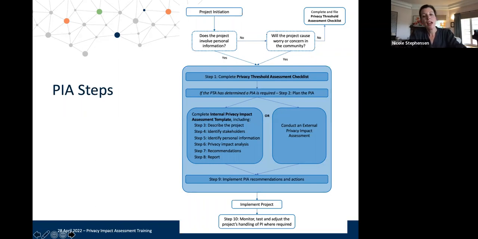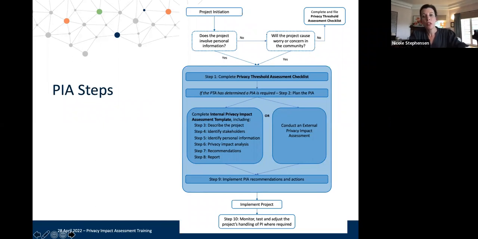And the privacy impact assessment template includes a number of steps before you're able to go ahead with that particular project or initiative. And where things get tricky, it's not always going to be easy for PHN staff to go through a privacy impact assessment, particularly if it's a project that actually identifies some fairly troublesome privacy risks or potentially troublesome privacy risks.